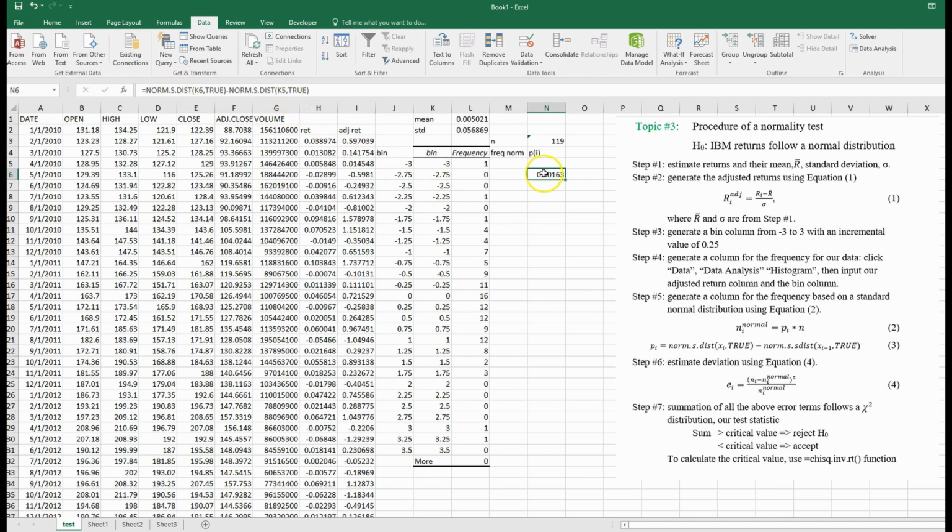Both are true. So this is the probability between this bin. Then we copy and paste up to here.